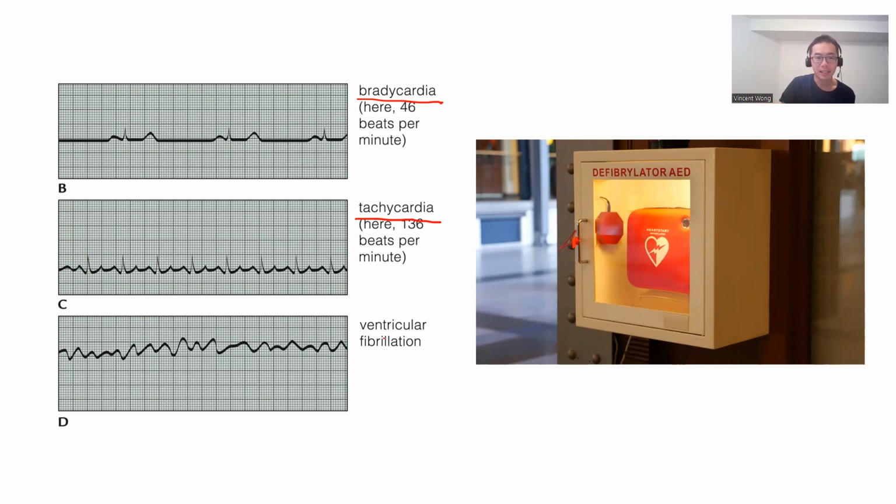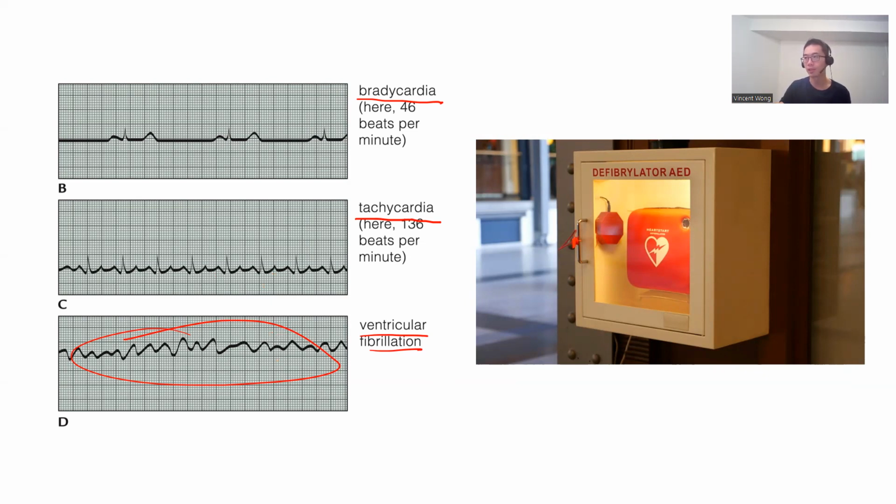And then this is ventricular fibrillation. This is really bad. If we don't help this person, the person is going to die within a couple of minutes. This is when the ventricles are not producing meaningful squeezes. It's just undergoing spasm, and it doesn't really know what's going on. So in this case, that's when you need the defibrillator.